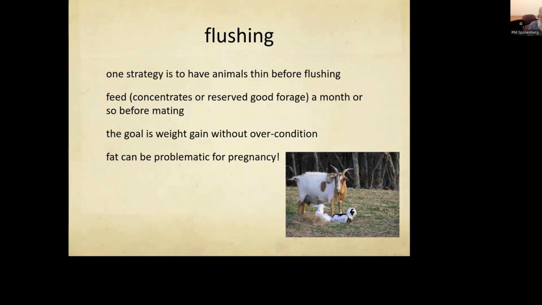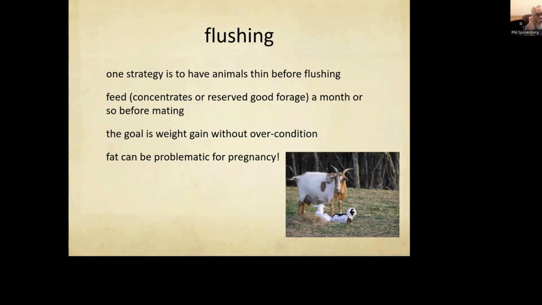I don't think you want them at 1, but you want them at 2. So they're going to be on the thin side, and then you're going to feed concentrates, or in the situation of New Zealand, they are going to have reserved some really, really good forage. They're going to put the ewes on that a month or so before mating, and they're going to start gaining weight. The trick here is anything that's going to make them gain weight is going to do the trick.